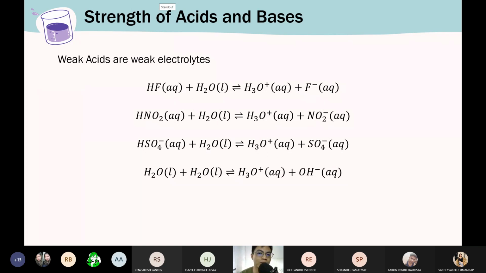Basta makakita ka ng equilibrium arrow, weak acid yan, okay, or weak base. Okay, some of them are hydrofluoric acid, probably because of the hydrogen bonding. Okay, remember that HF is a type of hydrogen bond. So, masyadong malakas yung hydrogen bond nila sa isa't isa that they don't fully dissociate.